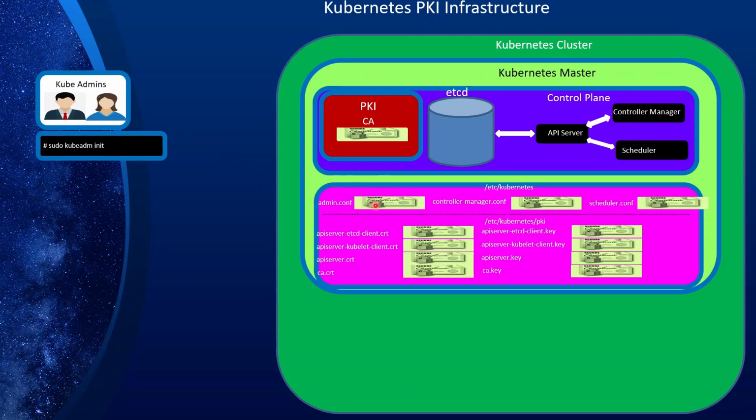So we can consider that as the key to the kingdom, your Kubernetes kingdom. If this is compromised, then you have to assume that your entire Kubernetes cluster is compromised. So be very careful of this and protect this. And do not distribute that to anyone outside your Kubernetes admins.